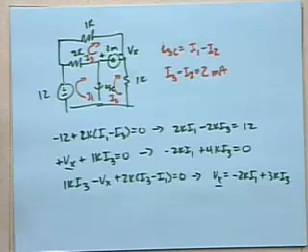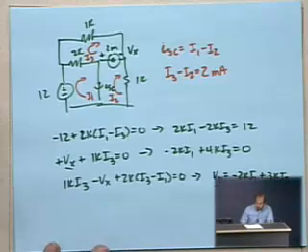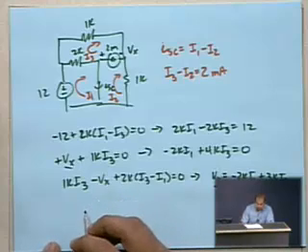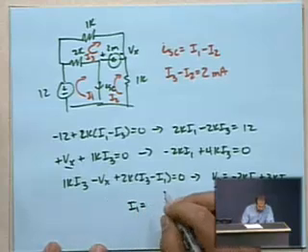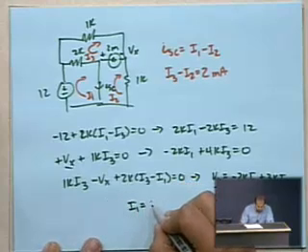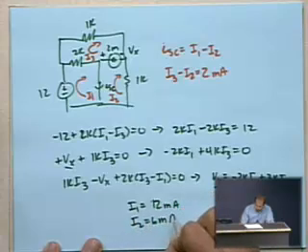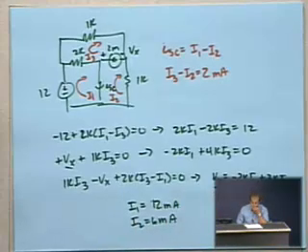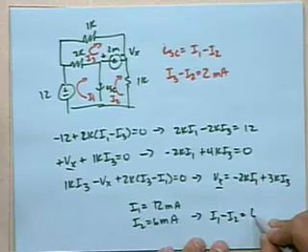We've got 2,000, negative 2,000, 12; negative 2,000, 4,000, 0. And we get essentially the same kind of thing. I1 equals 12 milliamps, and the second current equals 6 milliamps. And I1 minus I2 is our short circuit current, and that's 6 milliamps.